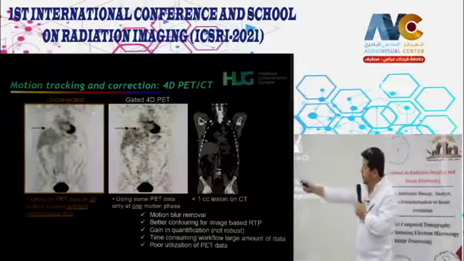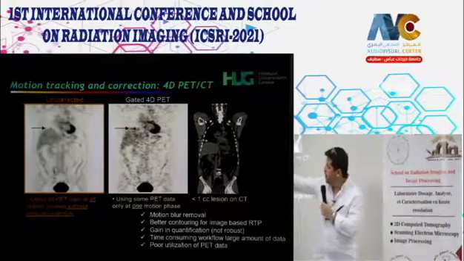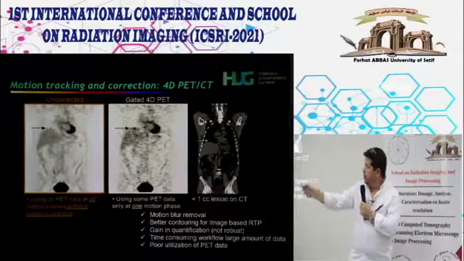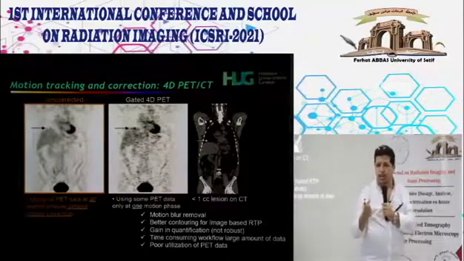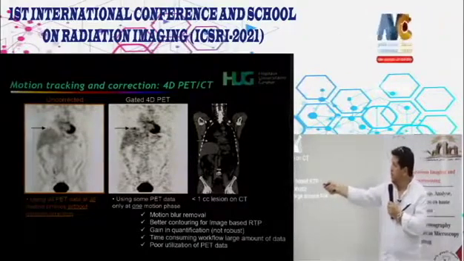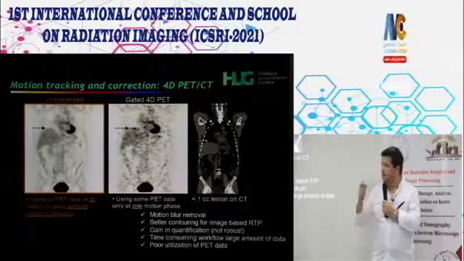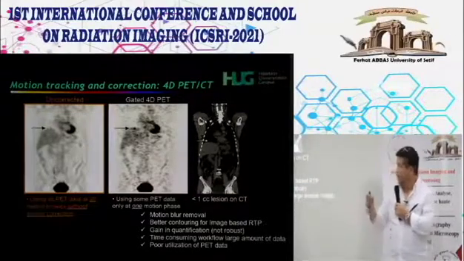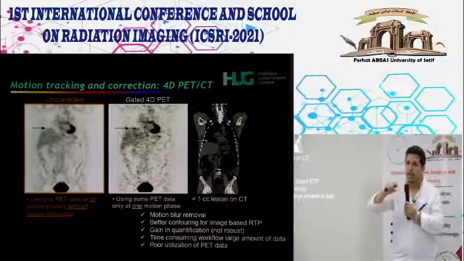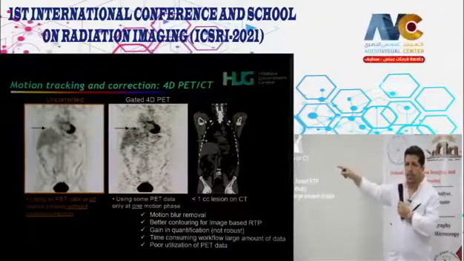You see this static PET image on the left side. There is a lesion here, but because the images are acquired in static mode, you miss the lesion, you don't see it. If you gate the data, and I'm going to show you the gating mechanism in the next slide, you simply synchronize the respiratory signal with the PET signal.